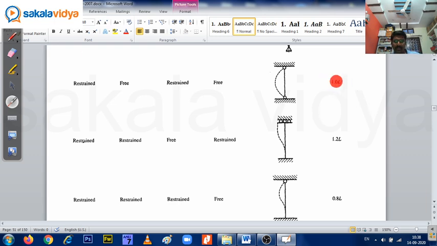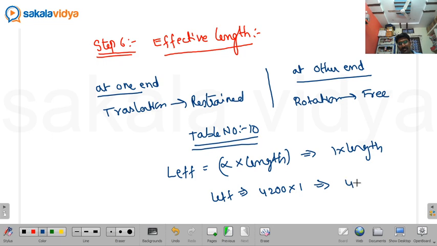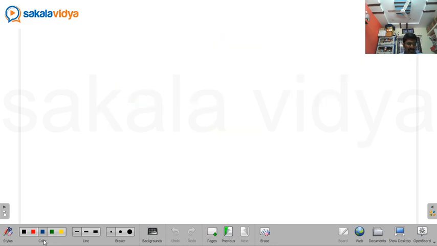Effective length is equal to 1 into given length. Simply, our effective length is 4200 multiplied with 1. 1 is the given condition, so 4200 mm is our effective length. Now step number 7.